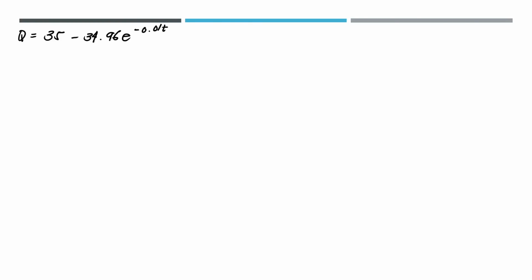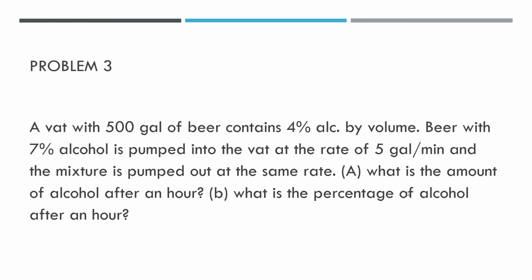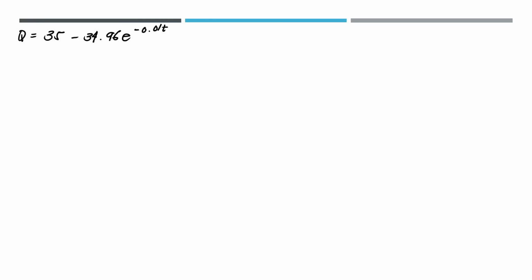So, we can now solve for the value of Q. Ano yung pinapatanong sa atin sa problem? It is the amount of alcohol after an hour. So, basically, 1 hour is equal to 60 minutes.